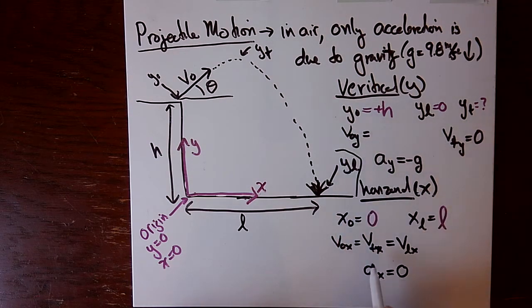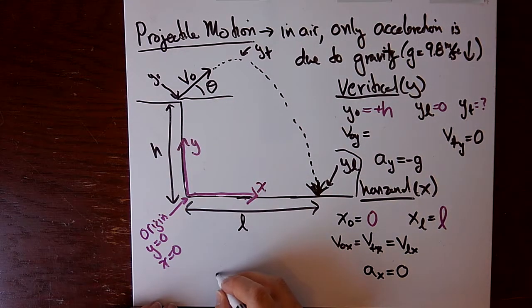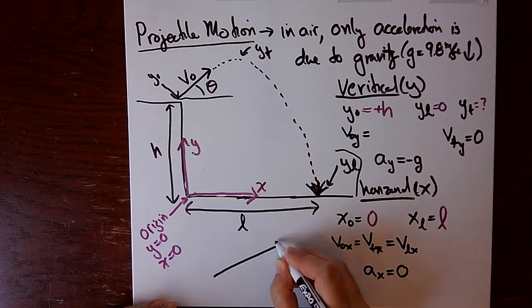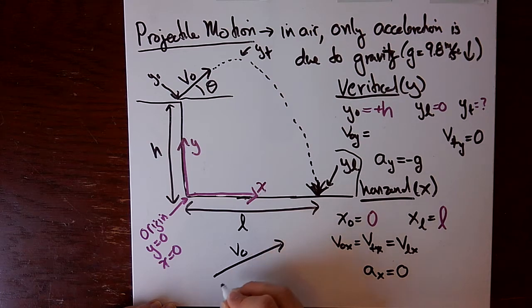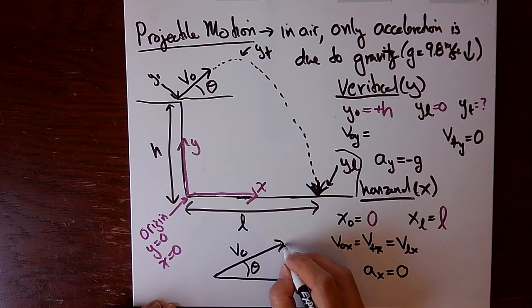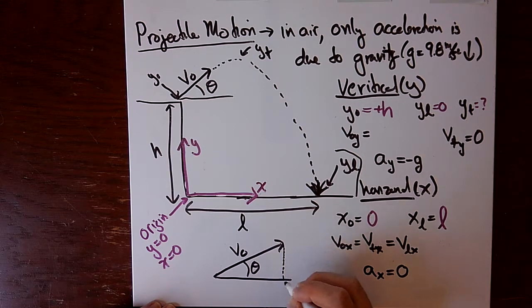Now let's figure out these components of velocity. I'm going to redraw this triangle down here, so I've got a little bit more room. That's the angle to the horizontal, theta. To make the right angle, we want to drop this down right there. Then we've got our right triangle.